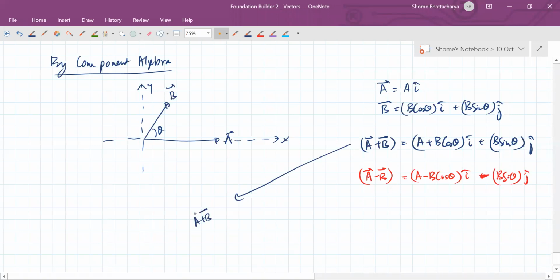Now A plus B is at 37 degrees with respect to the vector A, that means with respect to the x-axis. So that means that B sin theta upon A plus B cos theta has to be tan 37.